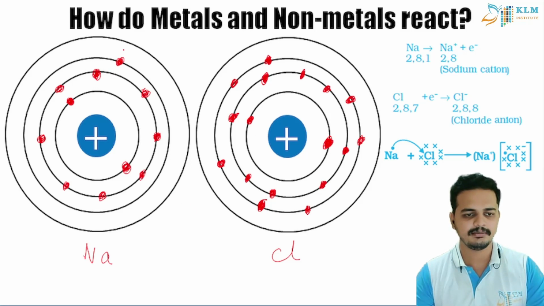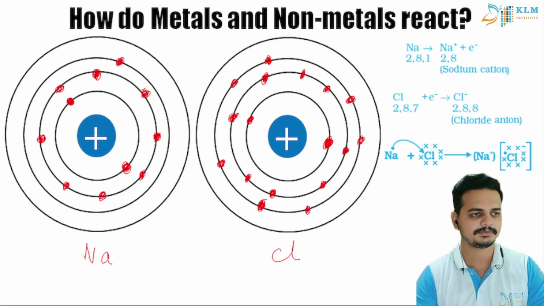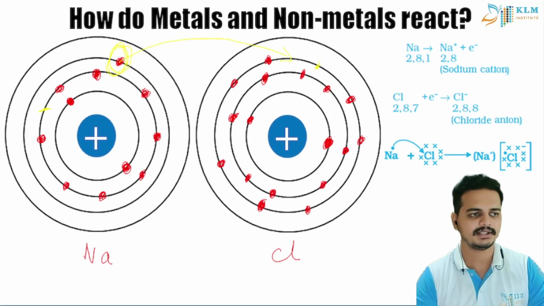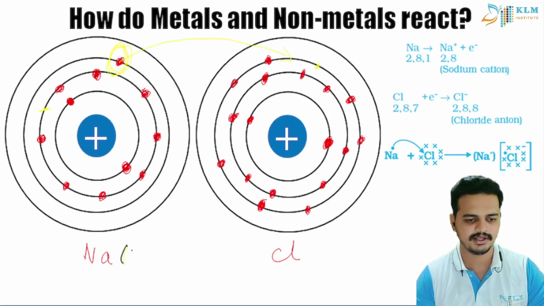So if we remove this particular electron from sodium, let's take a different color, and if we put it in the chlorine atom, which becomes complete, its outermost shell will have 8 electrons. So just for clarification, sodium has 1 electron in the outermost shell, and chlorine has 7 electrons in the outermost shell.